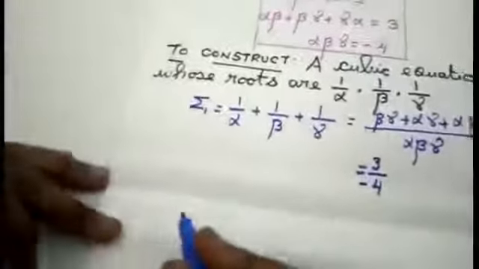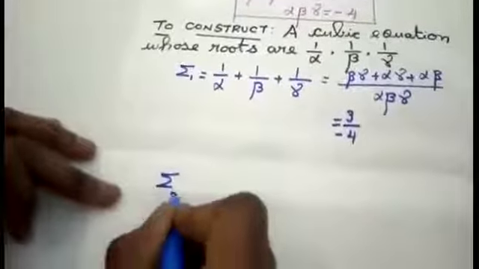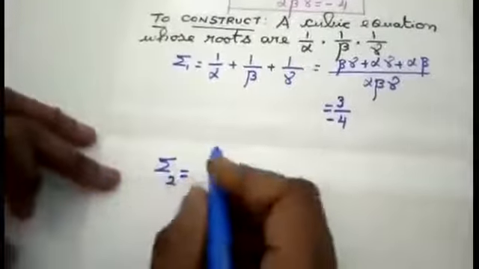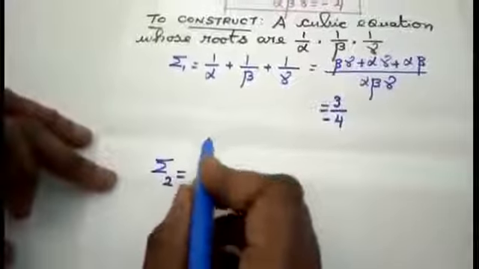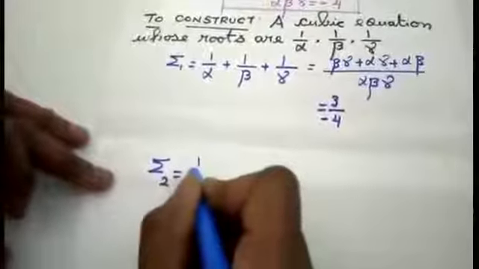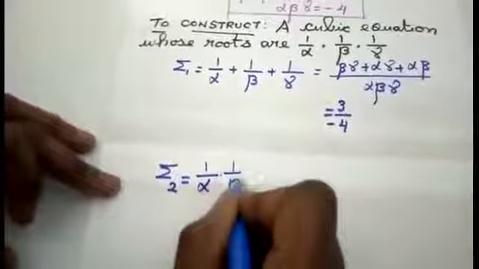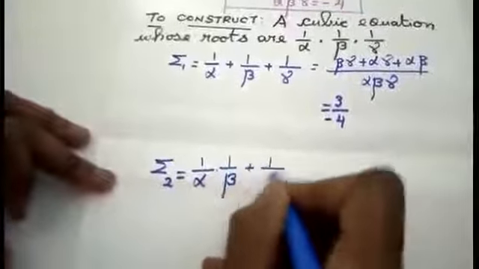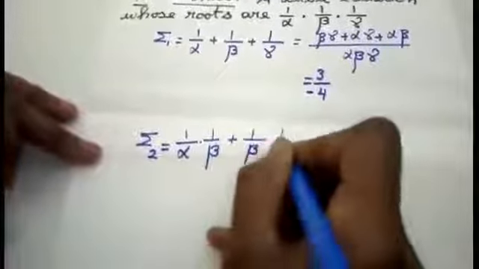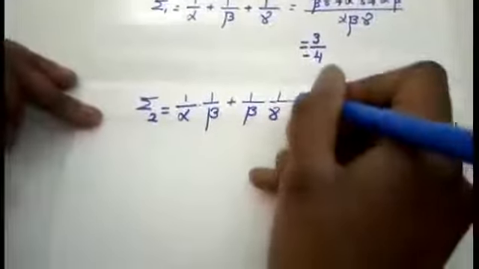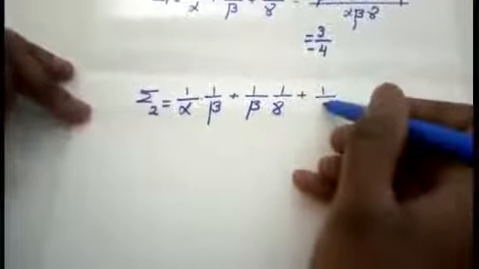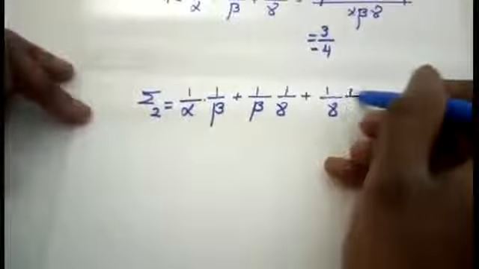Coming to summation 2, we are going to pair like this, that is 1 by alpha into 1 by beta plus 1 by beta into 1 by gamma plus 1 by gamma into 1 by alpha.